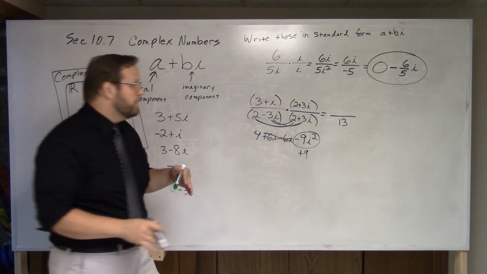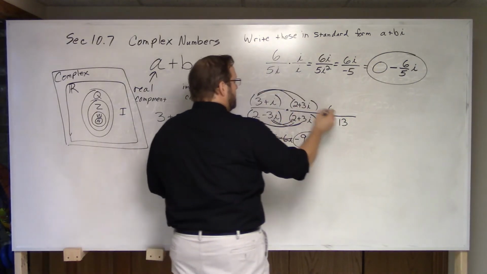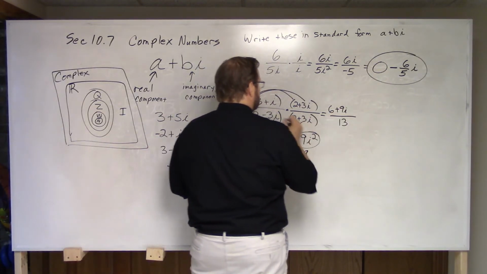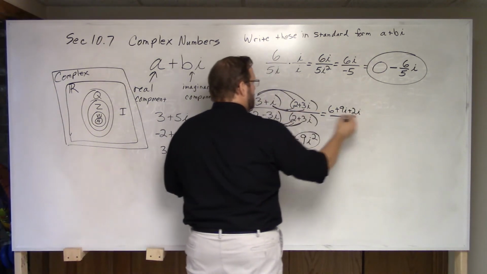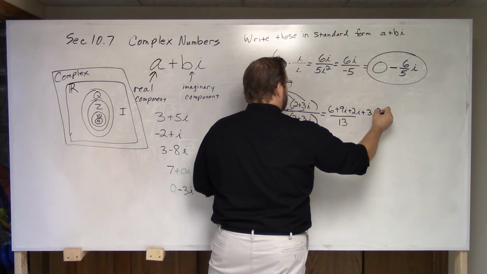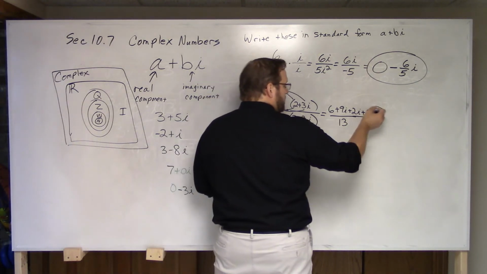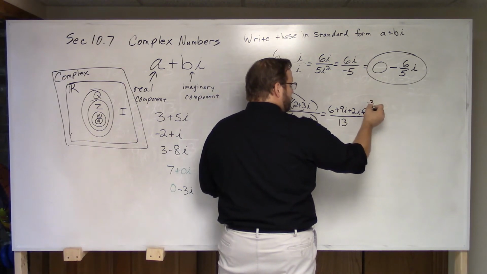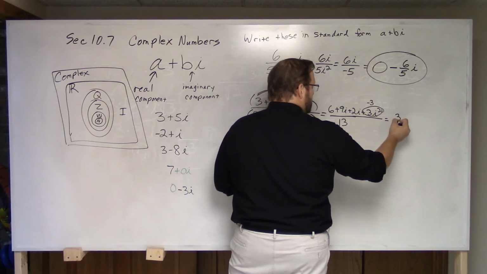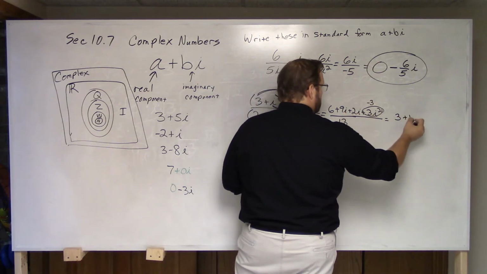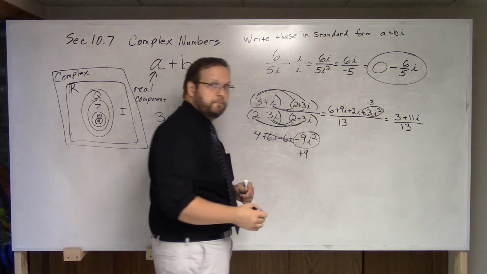Okay, the numerator though, we've got 6 plus 9i plus 2i plus 3i squared. Now I can clean that up by first changing this to a negative 3. 6 minus 3 is 3. 9 plus 2 is 11i. And we're here. Okay.